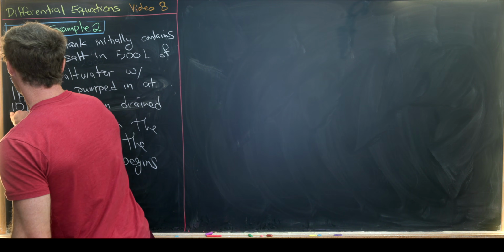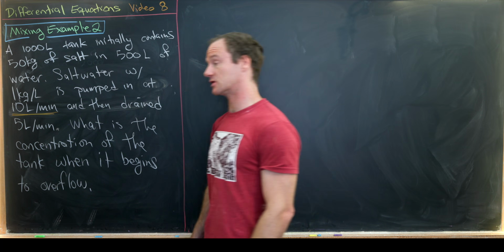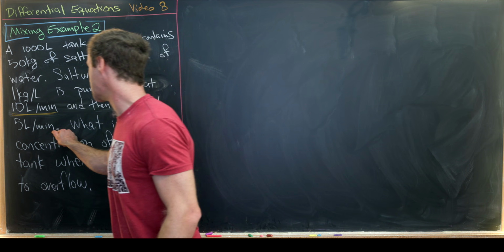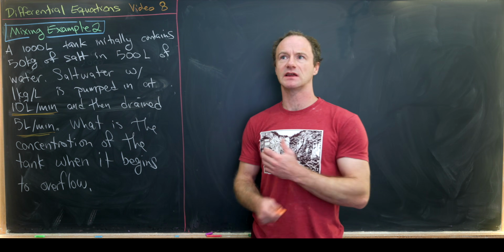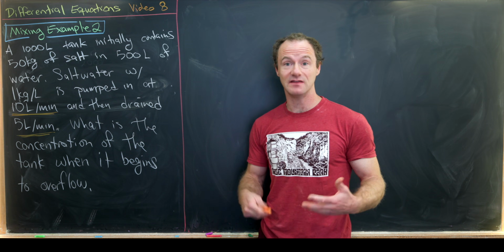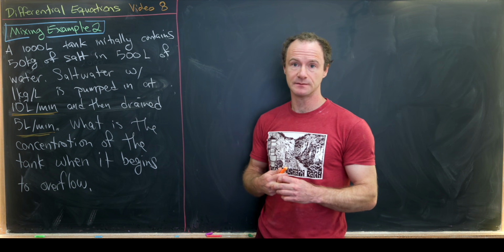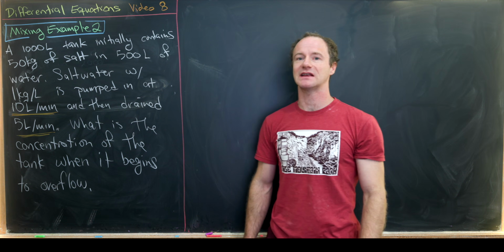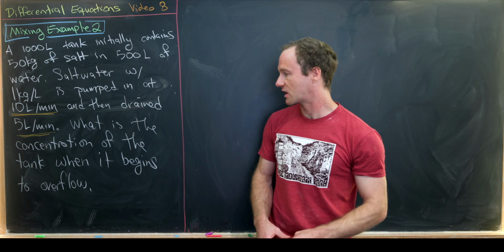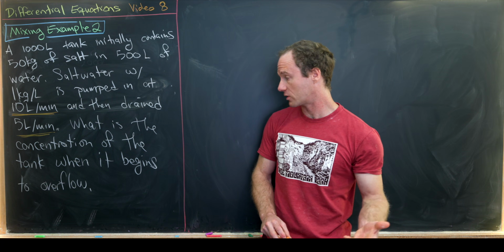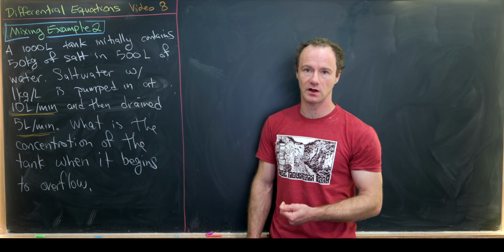The water flowing in is coming in at 10 liters per minute, whereas the water going out is flowing out at 5 liters per minute. So that means we're gaining 5 liters in the tank every minute. So the volume of water in the tank now is changing. Then our goal is to determine the concentration of the water in the tank when it begins to overflow.